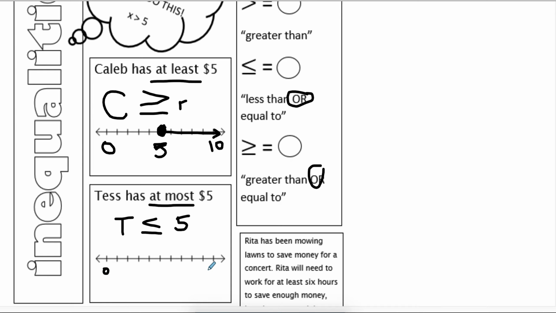So let's make a number line again: 1, 2, 3, 4, and 5. Put a dot at 5 because she could have $5, but she can't have more than that, so she has somewhere in this region, at most $5, which is Tess has less than or equal to $5. And that's all it is.